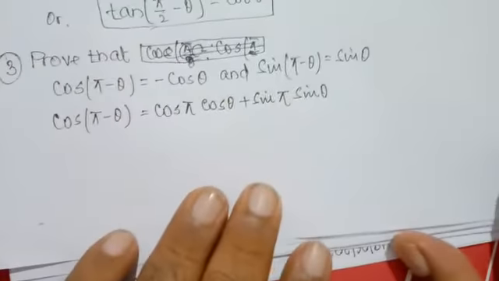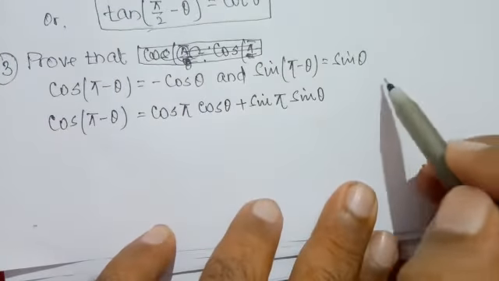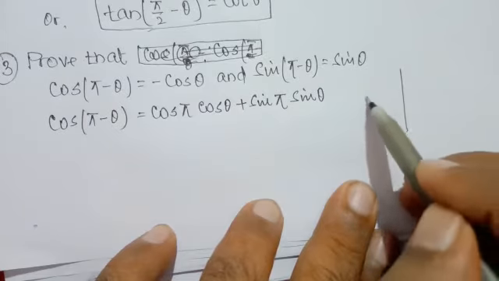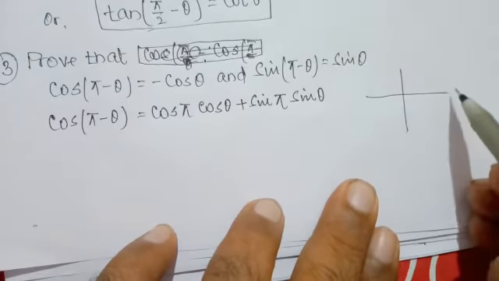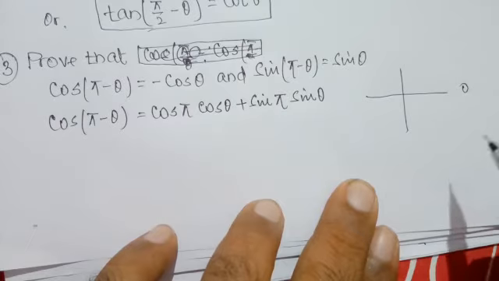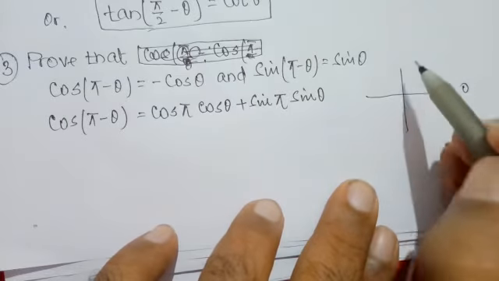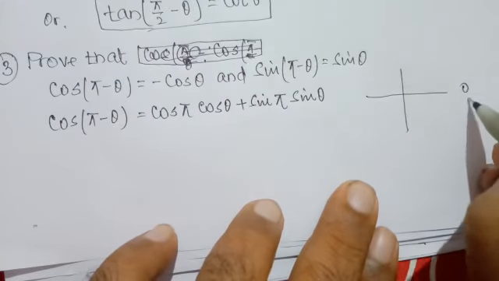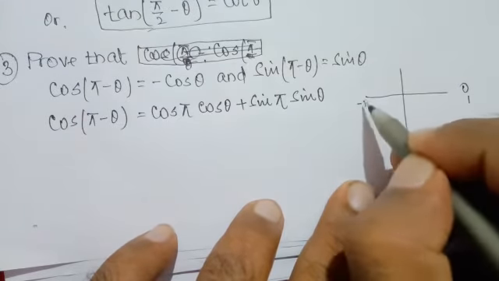See students, I am explaining here once again. On the horizontal line, the value of sin is 0, and on the vertical line cos is 1 and minus 1.